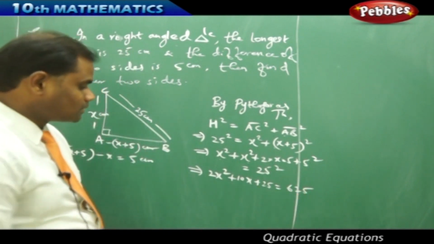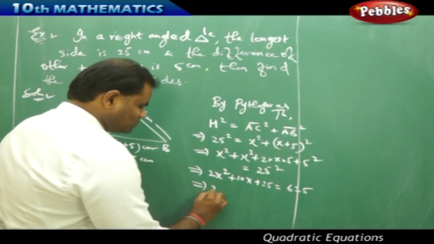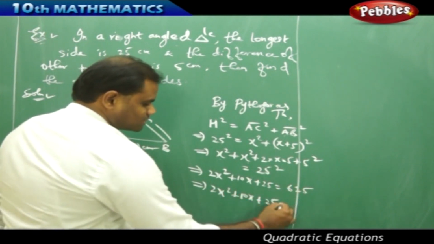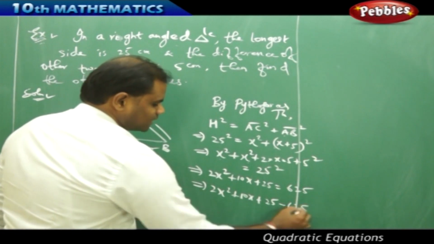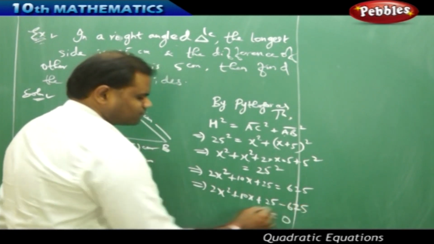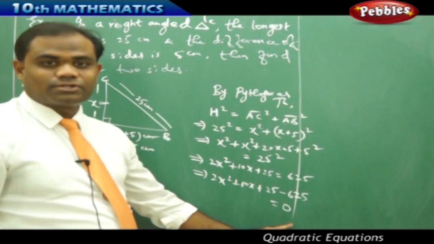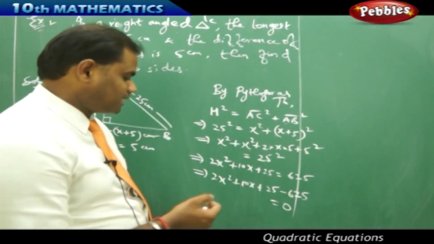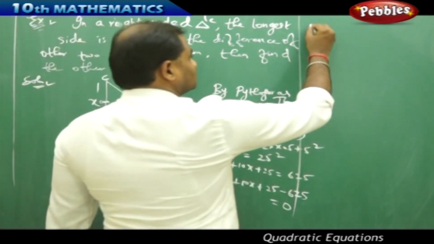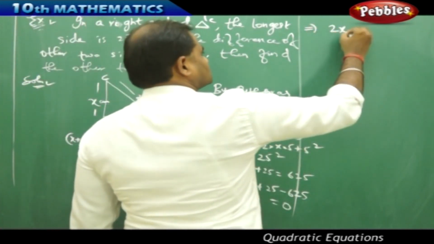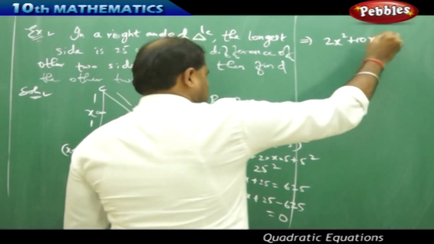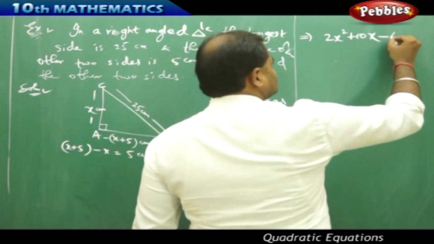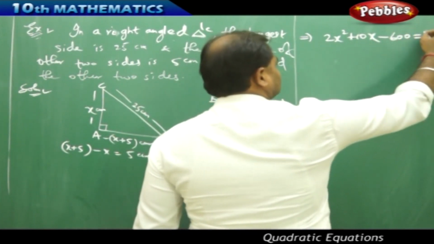Continuing further, I get 2x square plus 10x plus 25, and 625 I bring to the left, I get minus 625 equal to 0. Now I simplify this so that I get 2x square plus 10x plus 25 minus 625, which is negative 600, equal to 0.